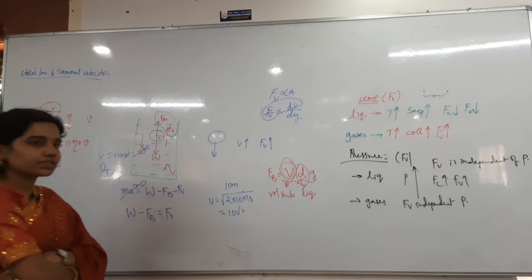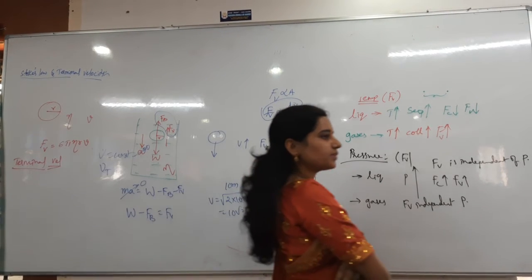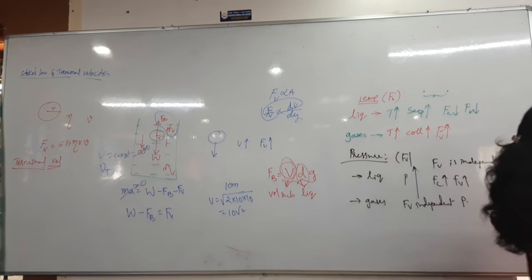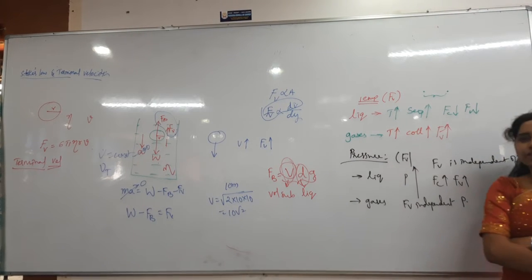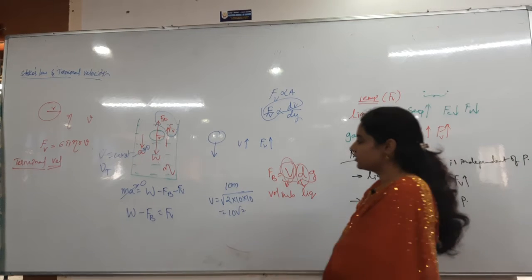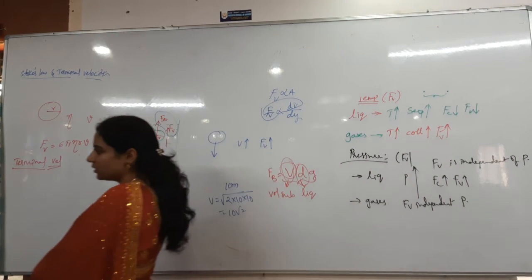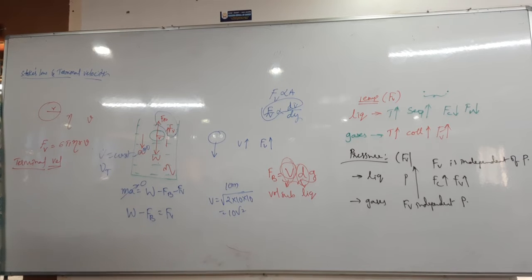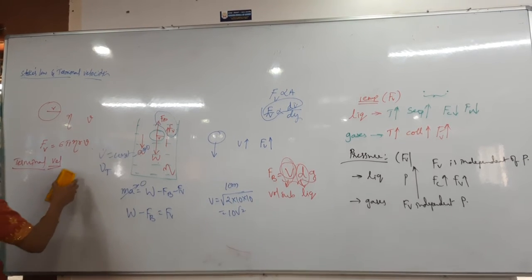Hence velocity is constant. This constant velocity is known as terminal velocity. Draw this diagram first.